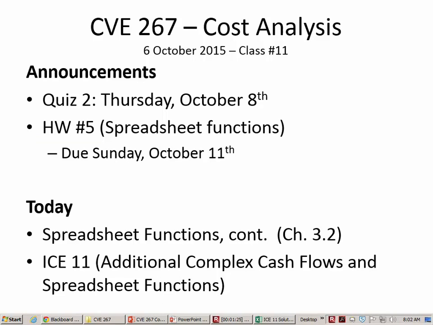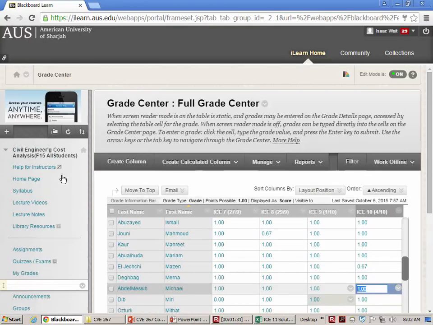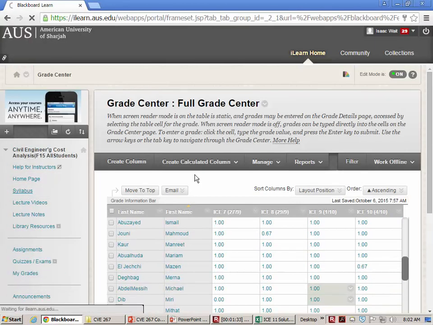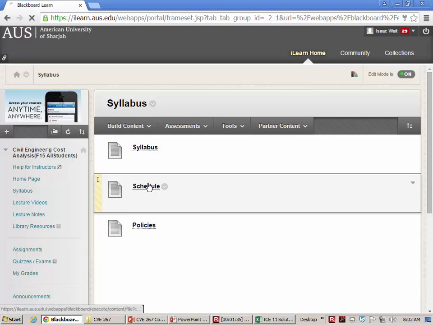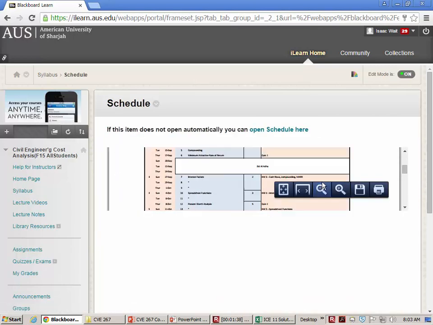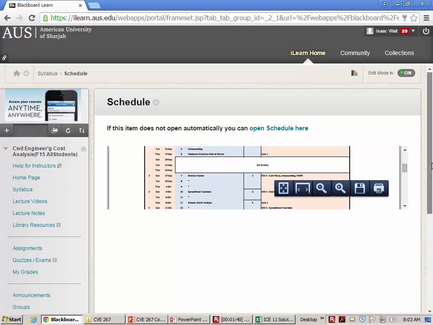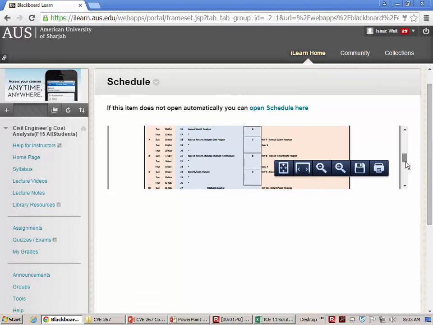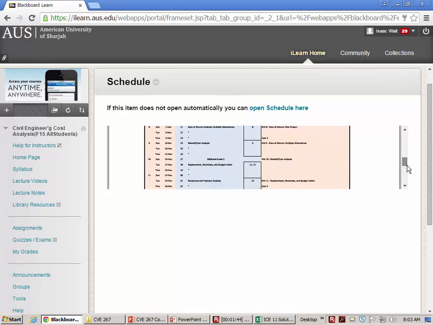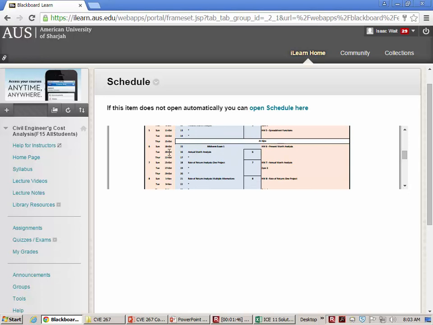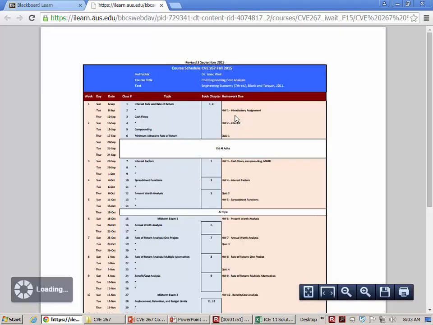Let's take a look. I don't have it memorized offhand, but we can find it in the schedule for the course. And I happen to be logged in already, so let's see. The midterm exam is, all right, Sunday, October 18th. That's so small. Let me do this. There, that's better.